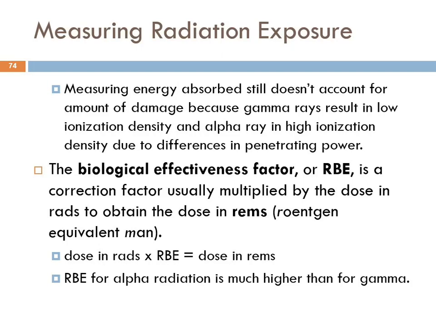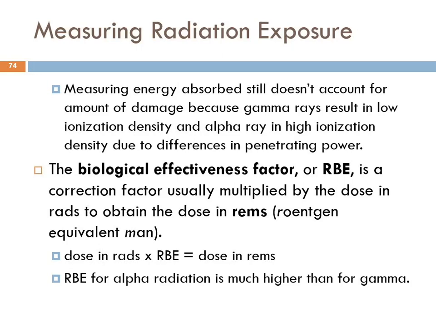So again, it doesn't really give us a good comparison of damage across different types of radiation. So they use something called the biological effectiveness factor, or I forget what this stands for, RBE. I didn't have room on the slide for it. It couldn't just be the same. That would be too easy.